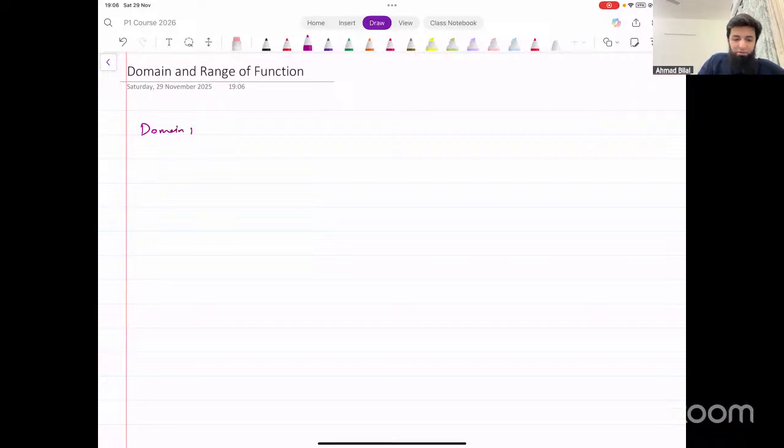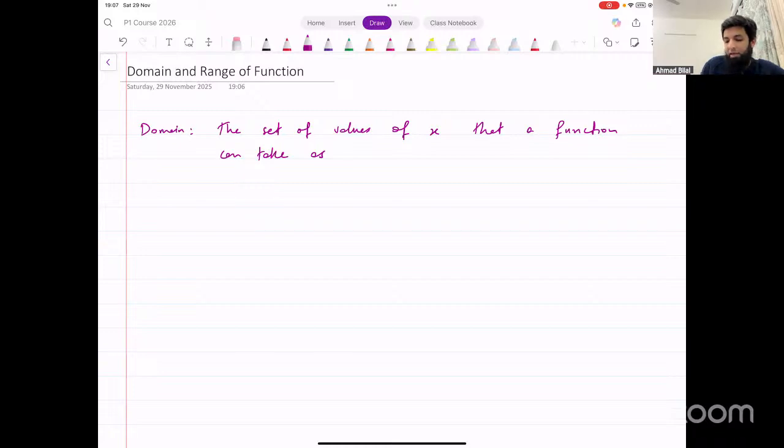Domain of a function is the set of values of x that a function can take as input.